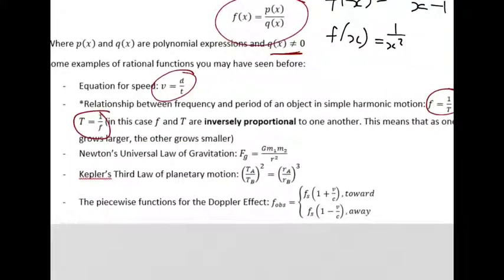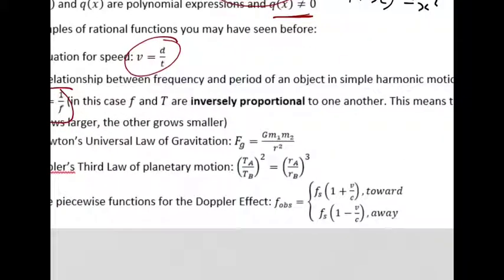Newton's law of gravitation is another example of a rational function, where you guys have seen this before, right? Measuring the force between two masses that are a distance apart. The idea is if you and that thing were the only thing in the universe, you would be attracted to each other, and you would eventually collide in a very anticlimactic collision.